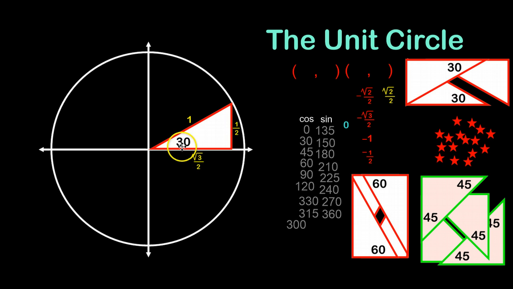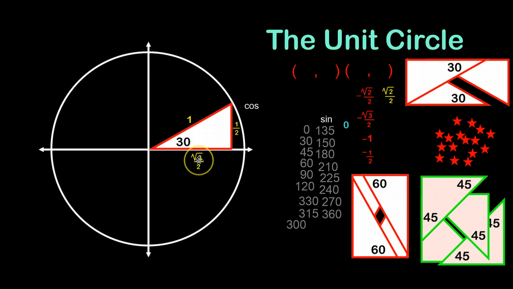So what this tells us then is some cosine and sine values. With a hypotenuse of 1, it becomes pretty easy to compute. So if we look at a cosine value here, if you remember cosine, that's adjacent over hypotenuse.